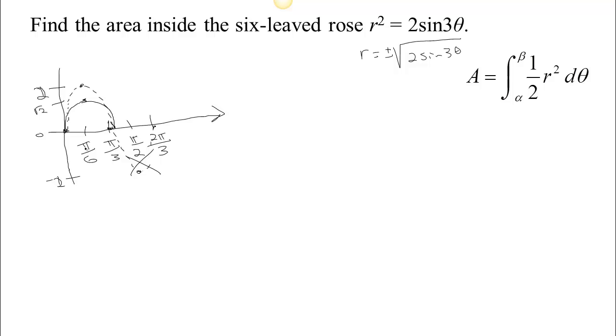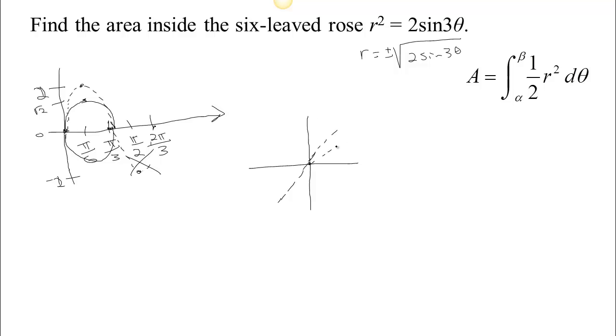Now we also have to consider that while we're doing that, we also have r equals the negative square root. So we're going to see a shape like this. Now each of these is going to make a leaf as we turn from 0 to pi thirds. So I'm going to start out here turning from 0 to pi thirds. The upper curve makes a leaf, starts at the origin when you're at 0, and you're back at the origin by pi thirds.